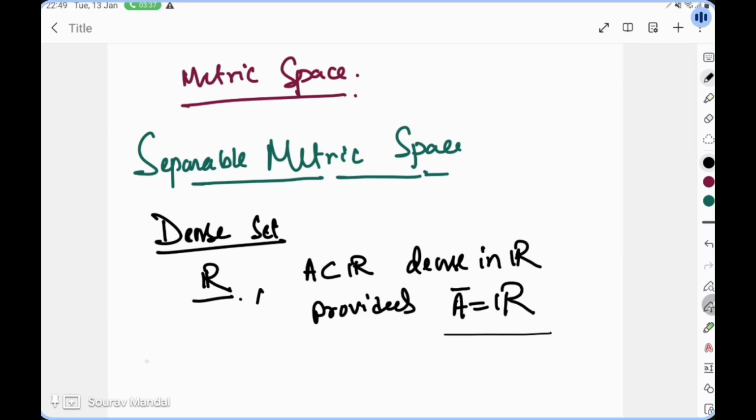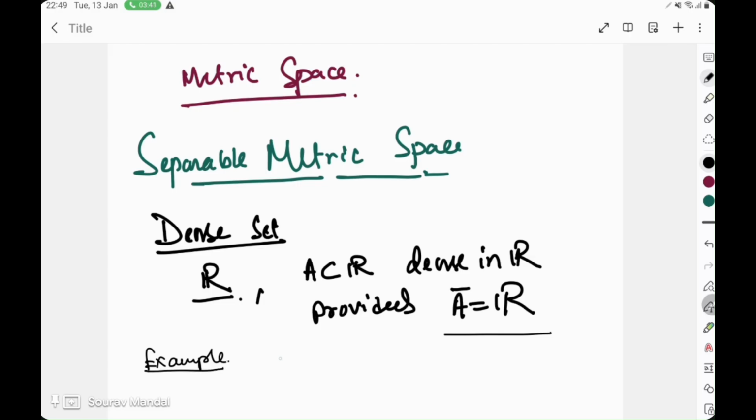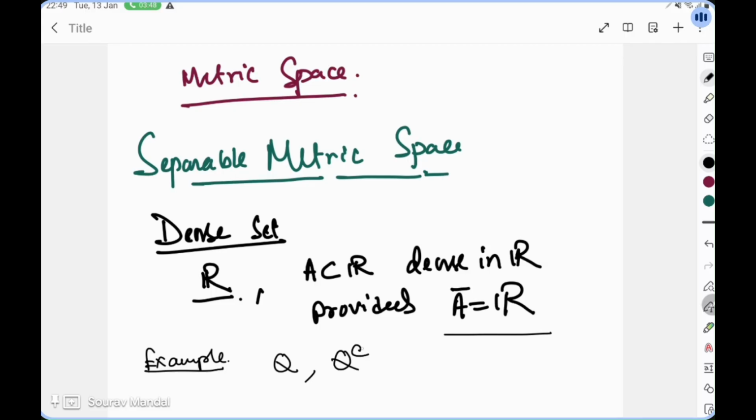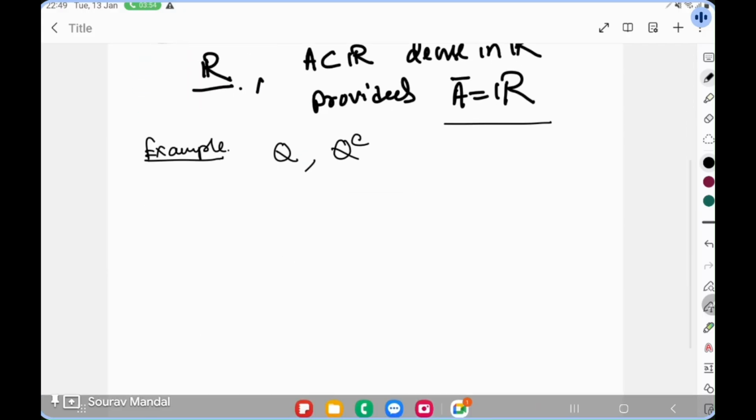So any example? The set of rational numbers. You can consider the set of all rational numbers as well as the set of all irrational numbers. Okay. The same thing is true for metric spaces also.